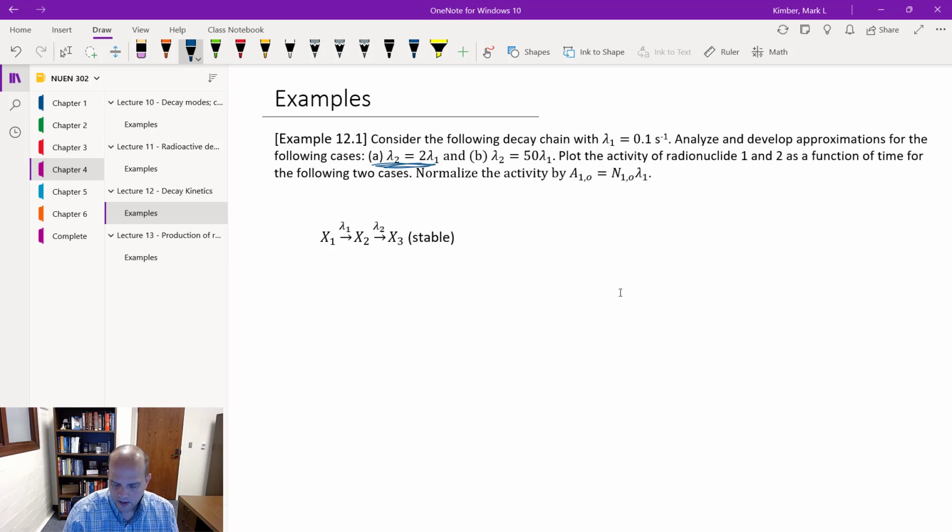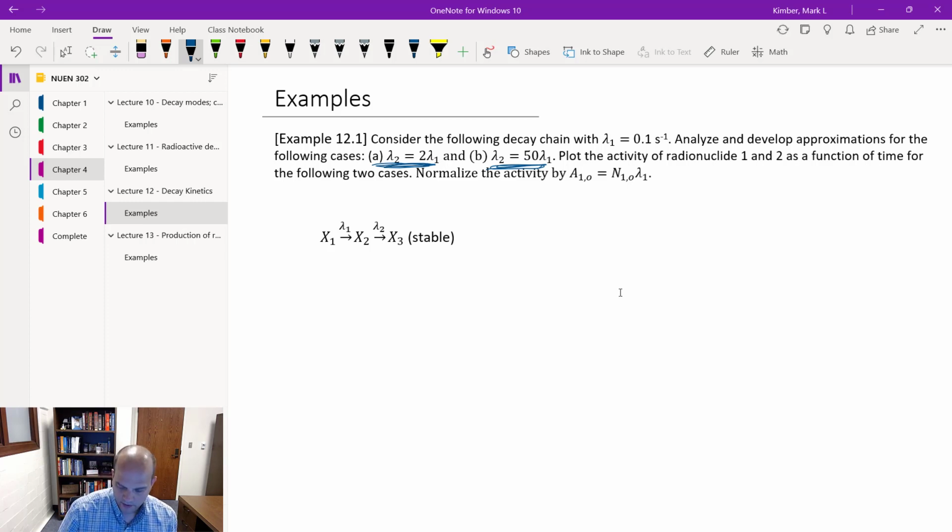So we've got the scenario where lambda 2 is greater than lambda 1, and then the scenario in part B where lambda 2 is much greater than lambda 1, 50 times what lambda 1 is. So we'll explore this analytically first, and then we'll go to some software to run the simulations of this and plot the results.